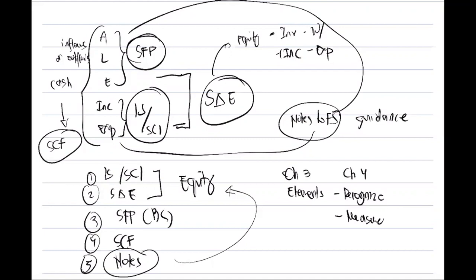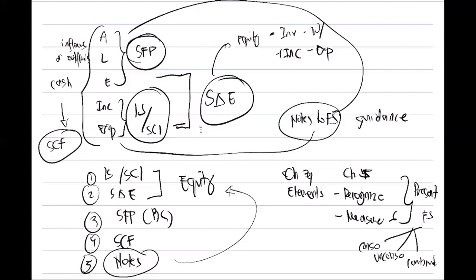Chapter 4 elements, chapter 5 you recognize, chapter 6 you measure, and then after recognition and measurement, you are now ready to present your financial statements under presentation and disclosure. When we talk about financial statements, what are the three types of financial statements under conceptual framework? We have conso, unconso, and combined financial statements. So those are the relationships in between the different chapters that we have already discussed.